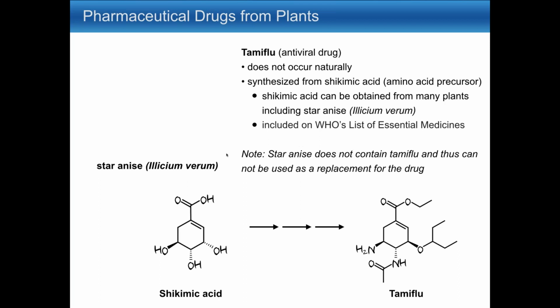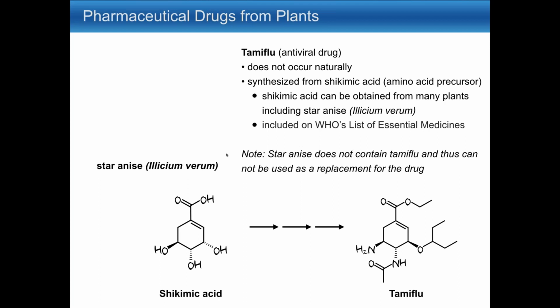Okay, and so drug companies, if they want to make Tamiflu, they're not going to start by beginning with a single carbon and then sticking another carbon on it and then sticking an oxygen on it and eventually making Tamiflu, because it's an inefficient way to synthesize it. It would take a long time and it would be very expensive.